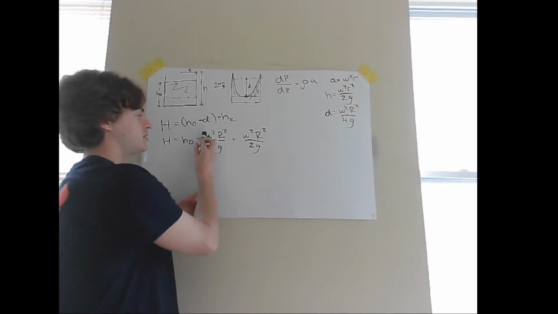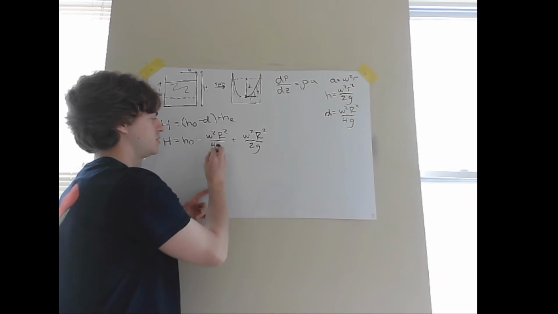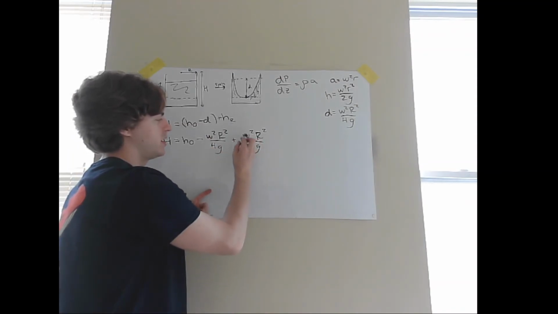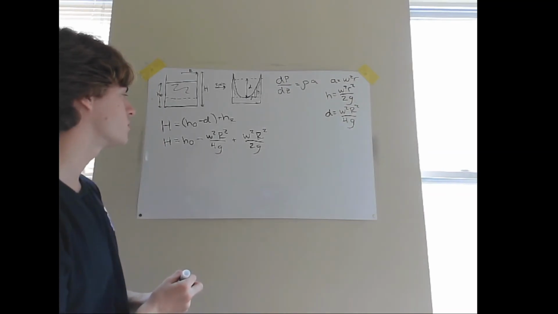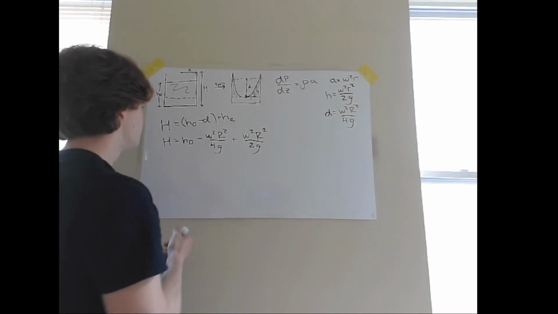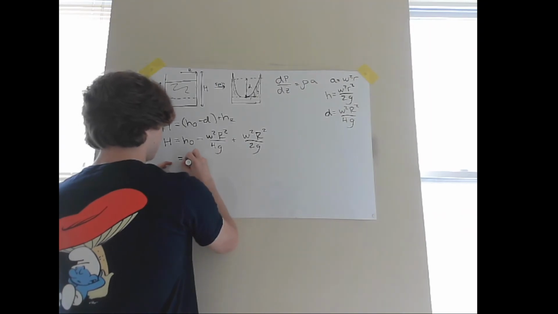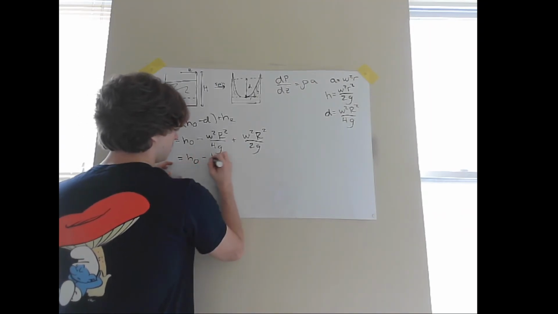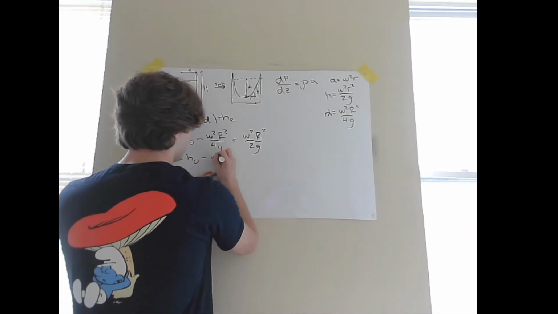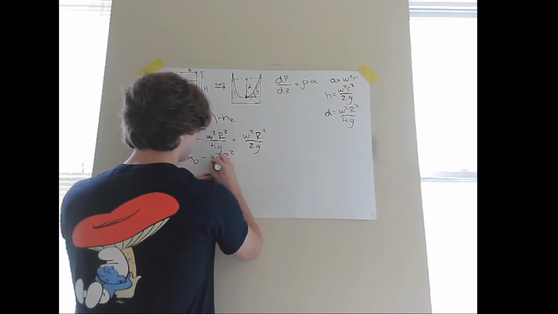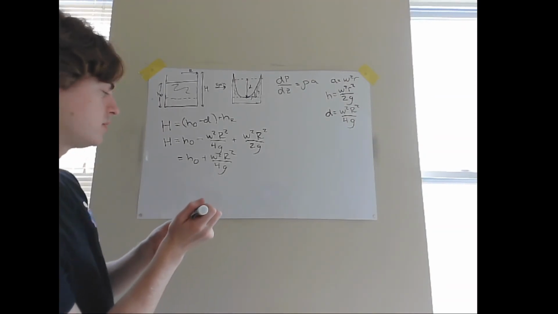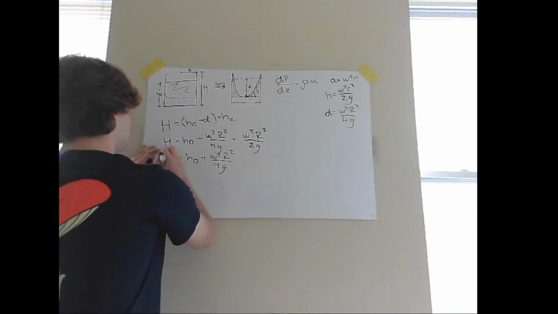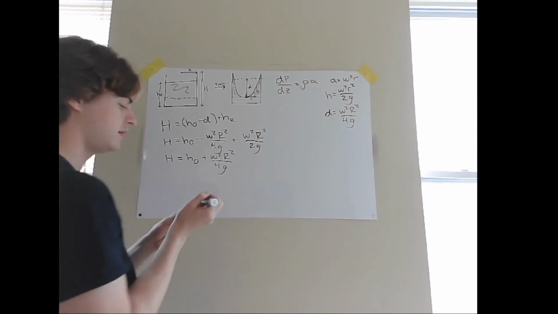We're left with basically 1/4 times this term plus 1/2 times this term. This is negative, so 1/2 minus 1/4 is just 1/4. And so we're left with omega squared big R squared over 4G. So H naught plus omega squared times big R squared over 4G equals the total height of the cup.